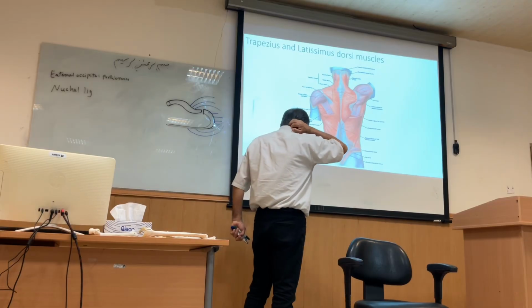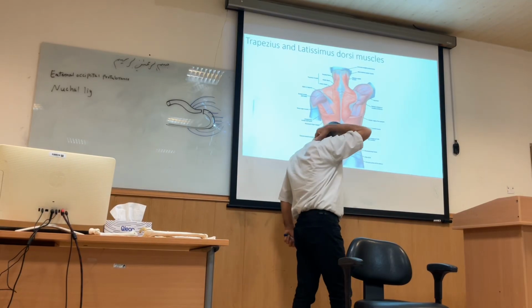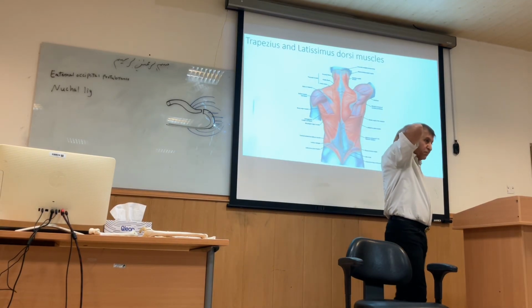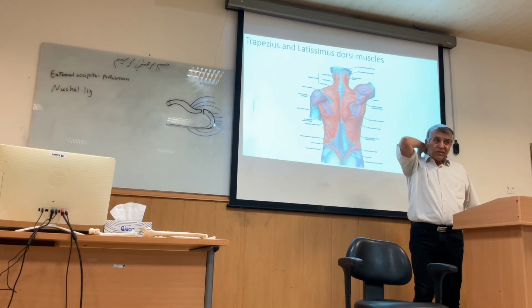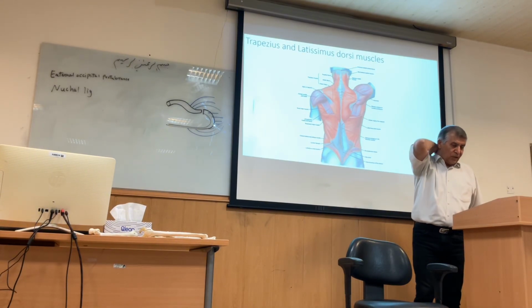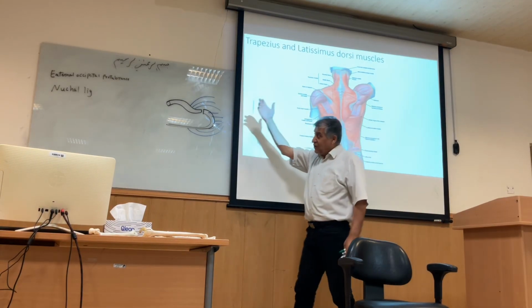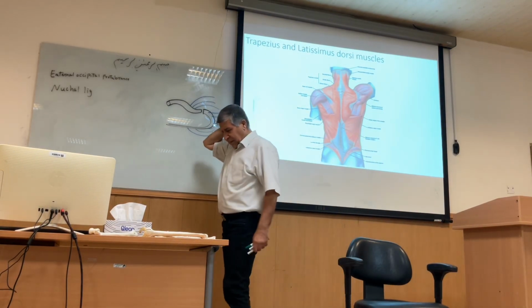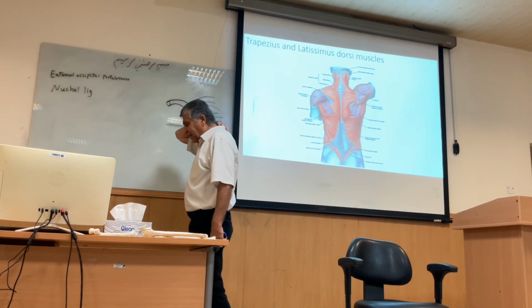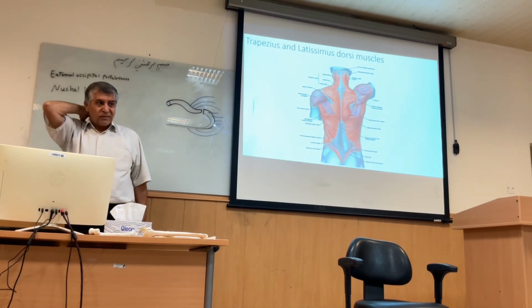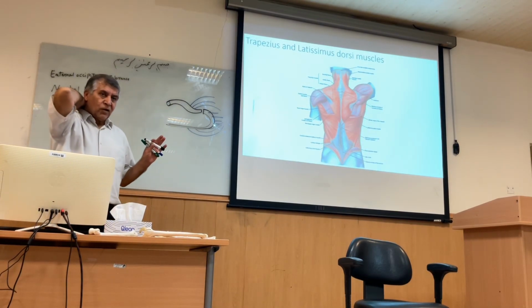When you move down, you can touch the spinous process of the C7 vertebra. After it, you can touch the spinous processes of all thoracic vertebrae. Okay? So the origin of trapezius is the external occipital protuberance, nuchal line, and spinous processes of all thoracic vertebrae.